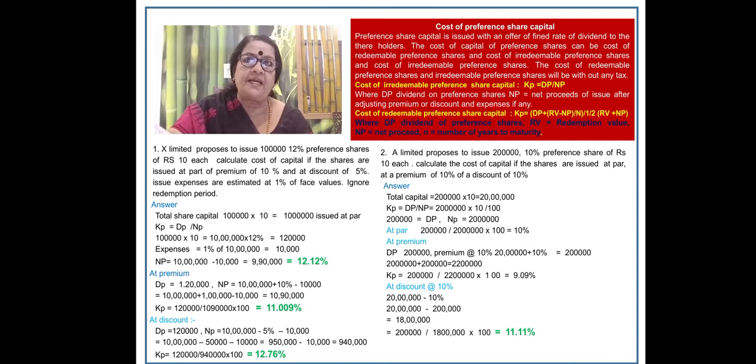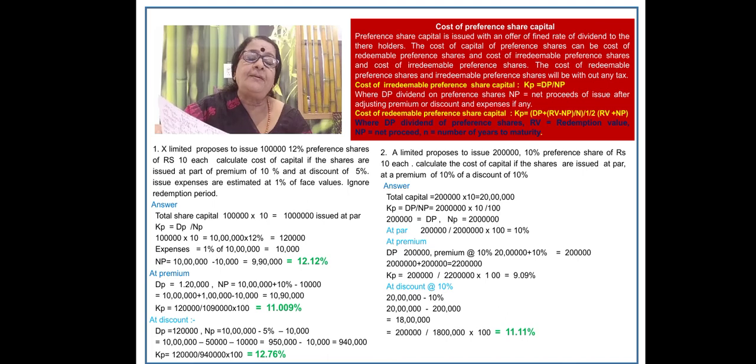NP is the net proceeds at the time of issue, adjusted for any expenses incurred or premium or discount. So in the first case, it is issued at par. At par means face value only, no premium and no discount. So 1 lakh into 10, 10 lakh is your capital. Issue expenses are estimated at 1% of face value.